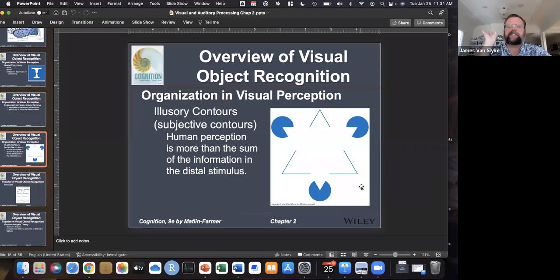Even if something is somewhat ambiguous, we will often make it non-ambiguous, meaning we will make sense of it as best we can, and then believe that we're seeing something that sometimes wouldn't be there. That's what a lot of visual illusions are like. It's something that isn't really there, but because visual perception is so interested in pattern completion, we find a way to make a whole out of something that isn't quite a whole.